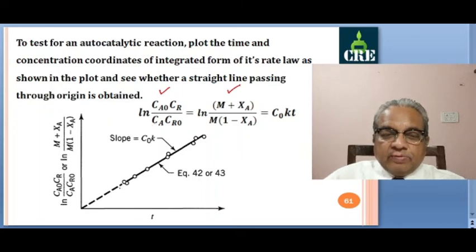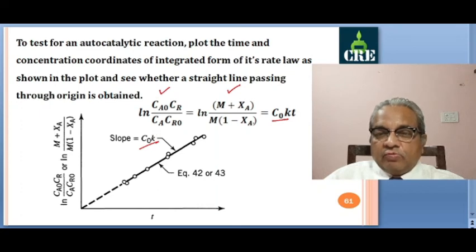Plot as a function of time, draw the best fit line, and y equal to mx, so m is C0k, so the slope is C0k. So you can find out the slope, you know C0 initially, so you can find out the value of k. Once you know the value of k, that means the kinetics is known.